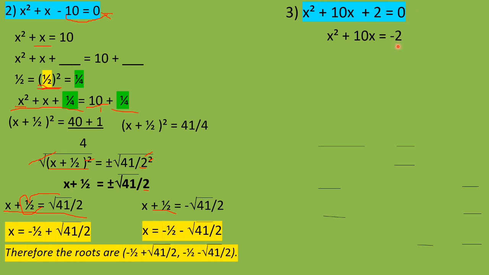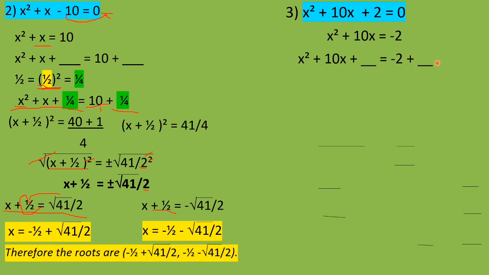So, from positive to negative. Then, 2 pa rin siya. So, ang susunod, since completing the square siya, dapat sulat natin siya ng ganito. X squared plus 10x plus blank is equal to negative 2 plus blank. Kung ano man ang idadagdag natin dito, dapat idadagdag din natin sa kabila para balance. Okay? Equal sila. Hindi pwedeng maging unfair.